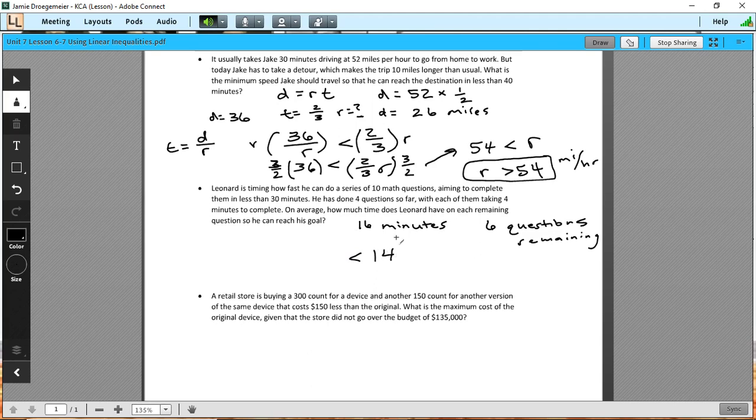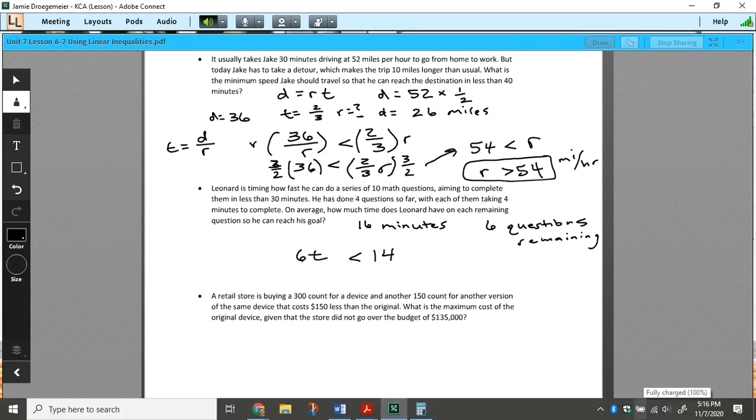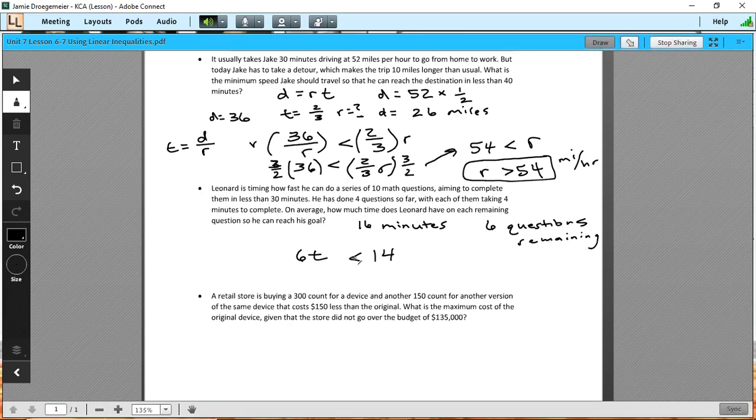Right now he has 6 questions left, and we want to know how many minutes he can spend on each question. I'm going to use t to represent that. So 6 times the number of minutes has to be less than 14. We divide each side by 6.